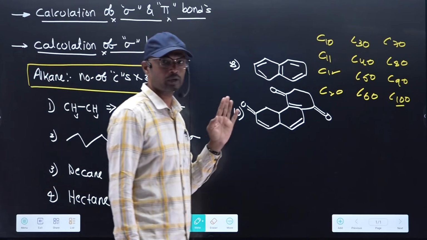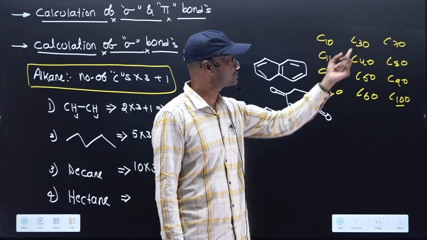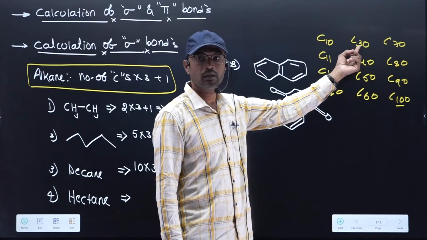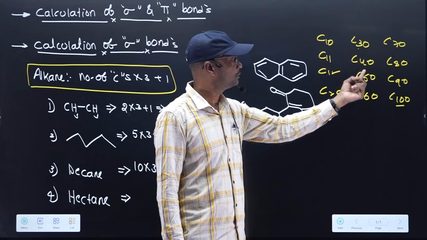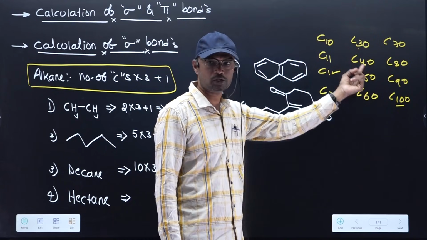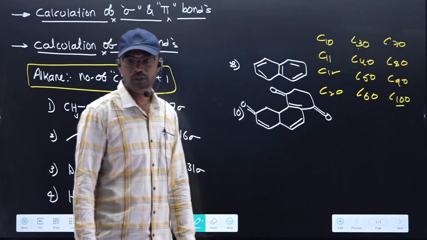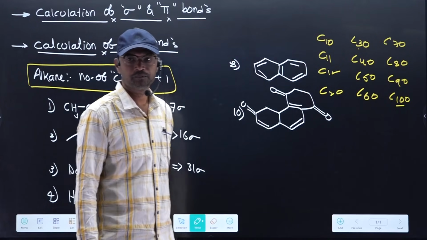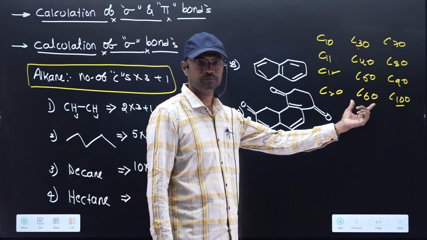Only from 20 to 30 a few names change, but in all remaining cases it is the same. What is 30? Triacont, tetracont, pentacont. From here onwards up to 90 it is the same. Suddenly 100 comes, 100 is hect. C60 is most important. C60 is Buckminsterfullerene.